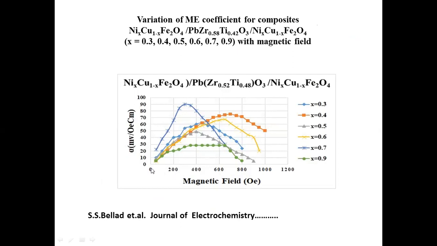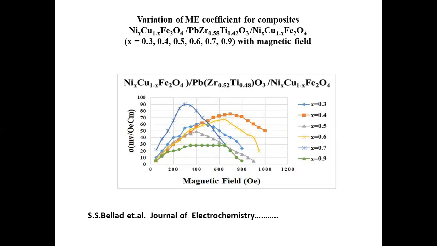It starts from 50, 100 like that, and it goes up to 1000 oersted, and the corresponding magnetoelectric coefficient estimated for this variation of magnetic field in the sample is shown for the different samples.